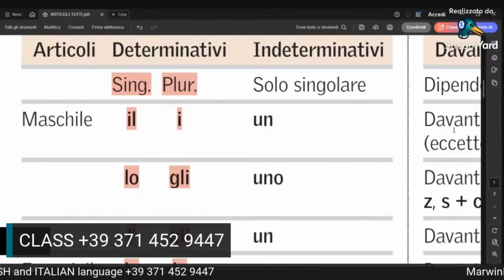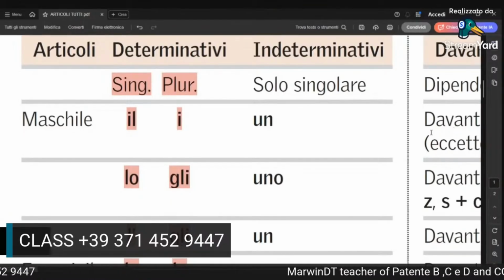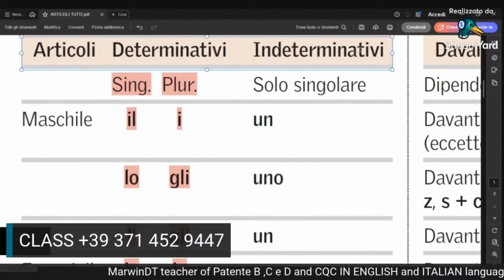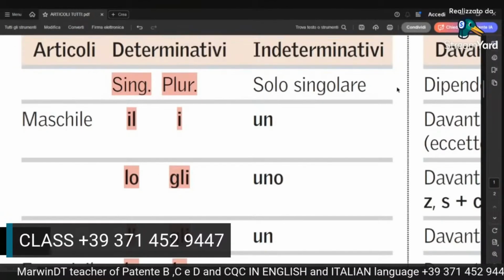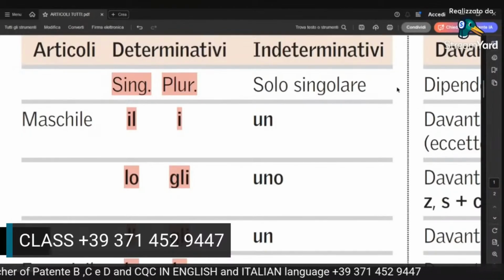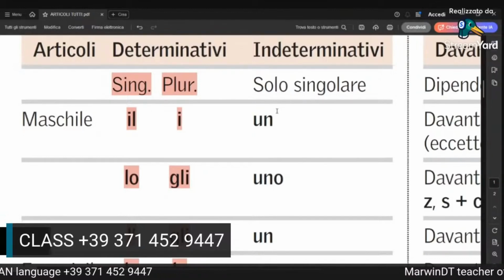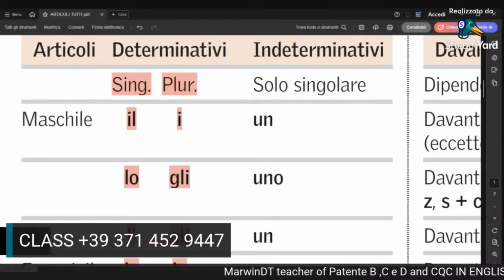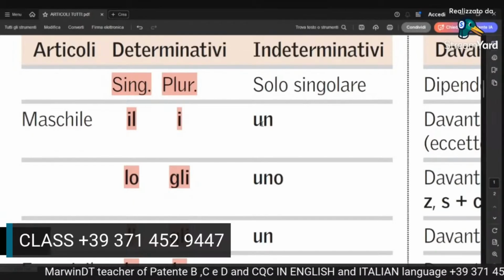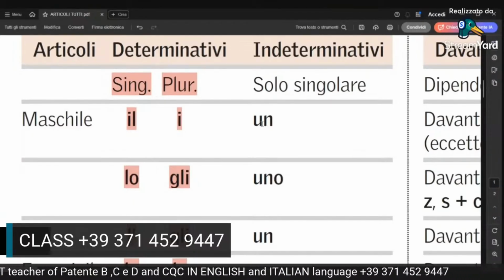Now, as we move on to see why it changes in this manner, we must first check out the articoli indeterminativi. That is, the article that we use for things that are not specific and a quantity that is not specific. So, articolo indeterminativo singular maschile is un cane, un animale.